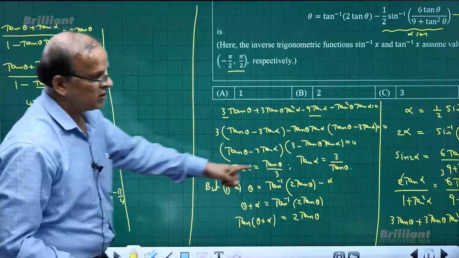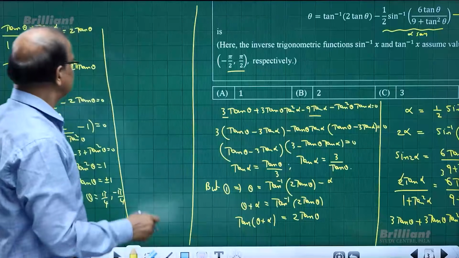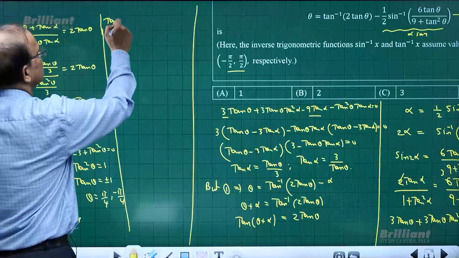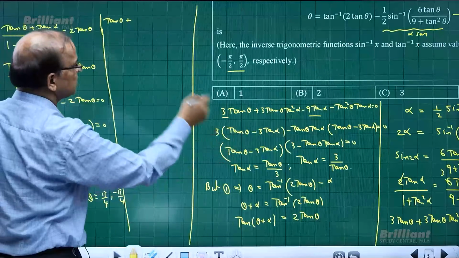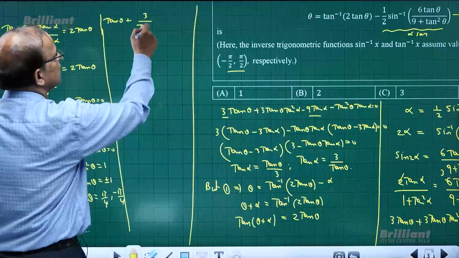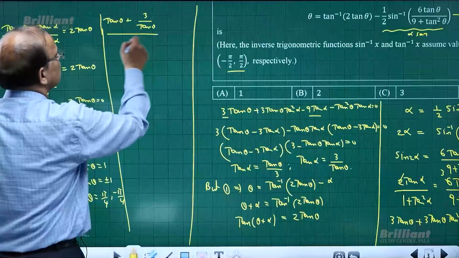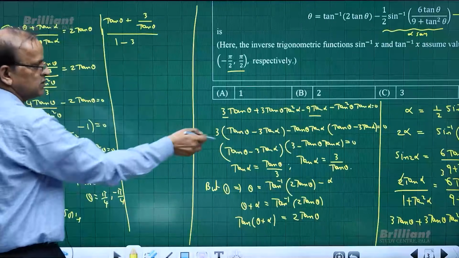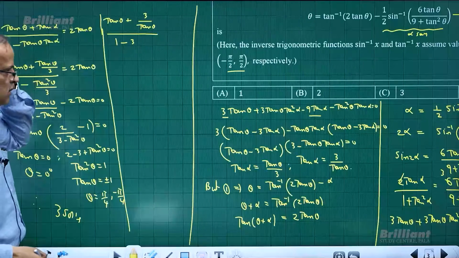Second case: tan alpha is 3 by tan theta. We will substitute in this. So tan theta plus tan alpha, which is 3 by tan theta, by 1 minus 3, because tan theta cancels, 3.